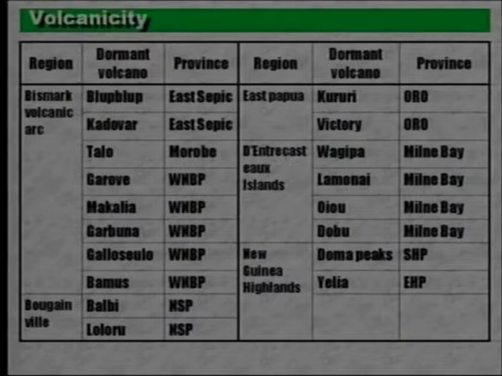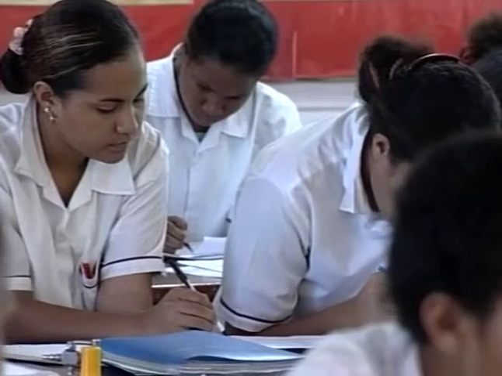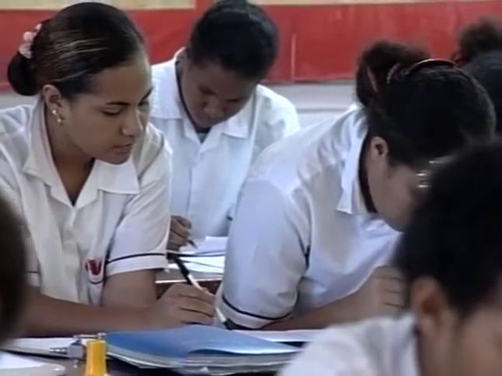Doma Peaks is in the Southern Highlands province, and Yelia is in the Eastern Highlands province. Okay, those are the dormant volcanoes in Papua New Guinea. Did I miss out any? You check.